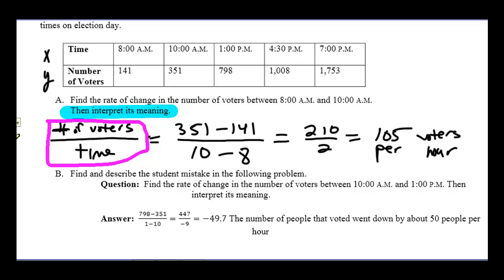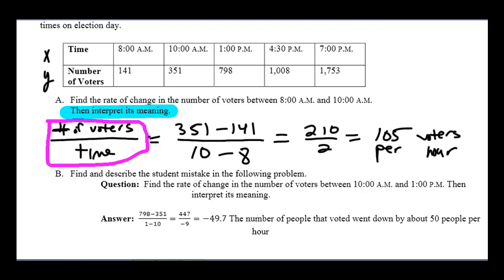Okay, part B says, find and describe the mistake the student made in the following problem. So the question is, find the rate of change in the number of voters between 10 a.m. and 1 p.m., then interpret its meaning.